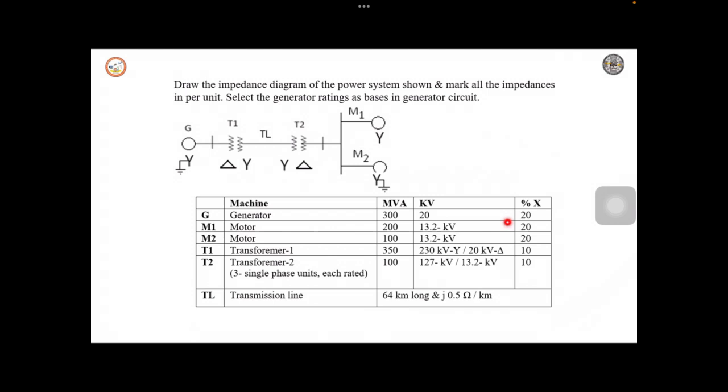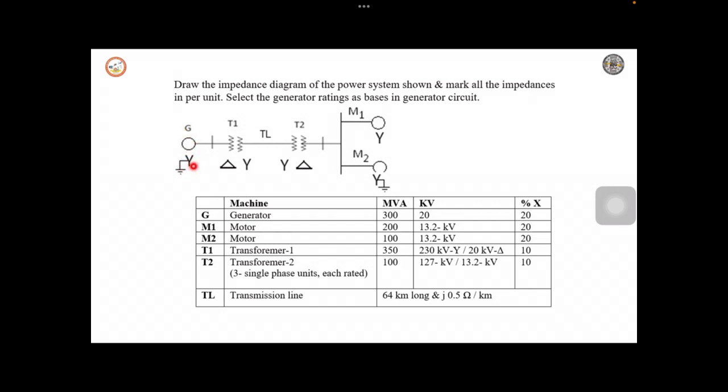In this problem, it is given the one line diagram of the power system, and in this we have one generator, two motors and two transformers and one transmission line. Along with the one line diagram, it is also given how the individual power system components' windings are connected.